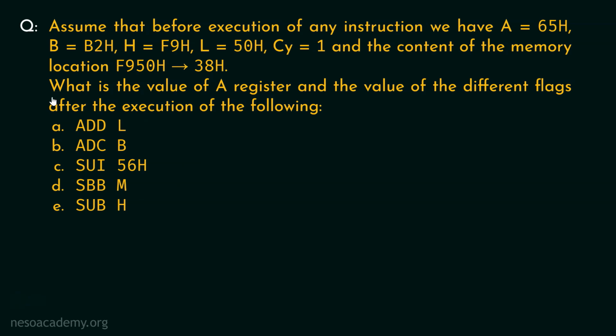Now we are supposed to find out what is the value of the A register or the accumulator register and the value of the different flags within the flags register after the execution of these following instructions. So we are going to have a single question, but it has got 5 different parts. And remember, before we execute any of these instructions, the contents which already have been mentioned will remain the same. Let me highlight the contents for you.